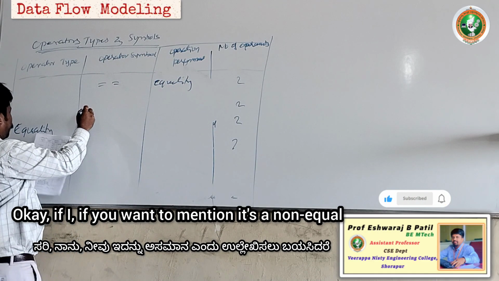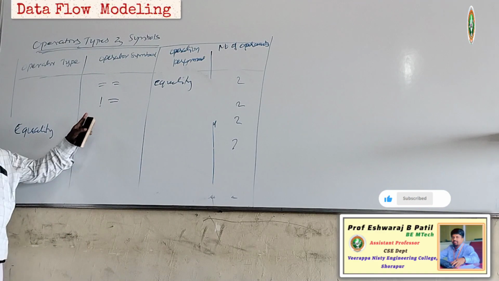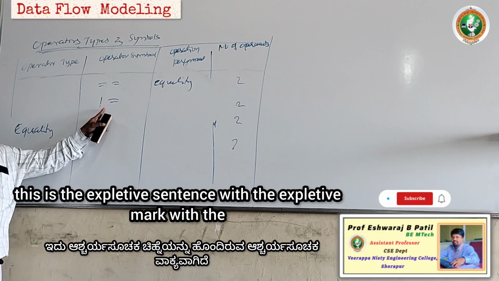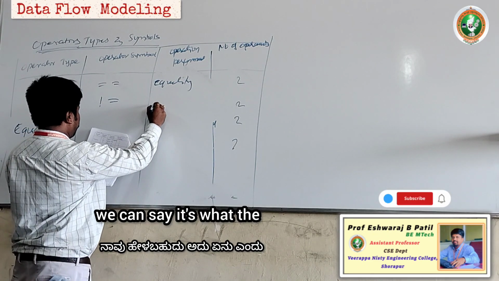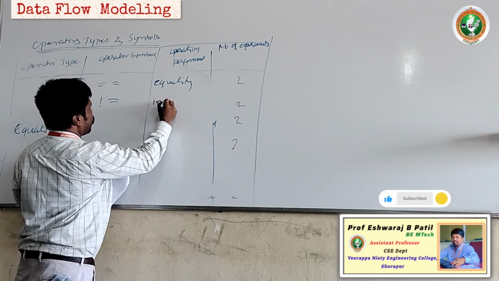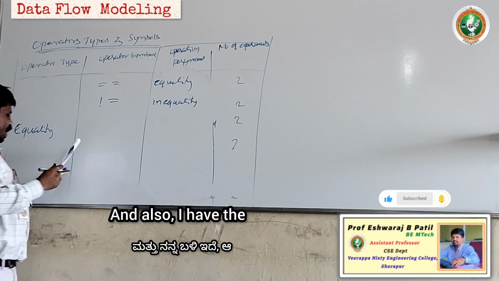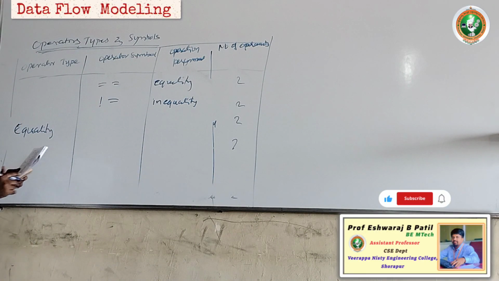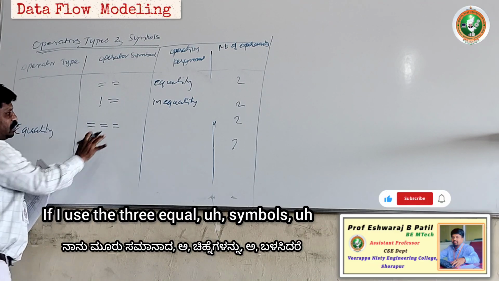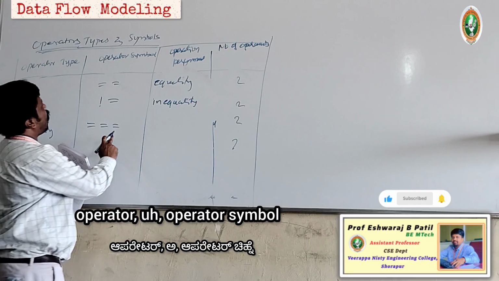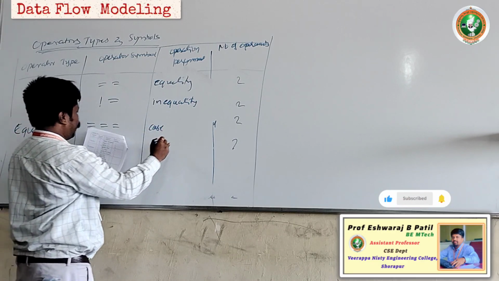If you want to mention not equal, then I have to take the exclamation mark with the equal. That is the inequality. Also I have the case equality. If I use three equal symbols as the operator, then it is the case equality.